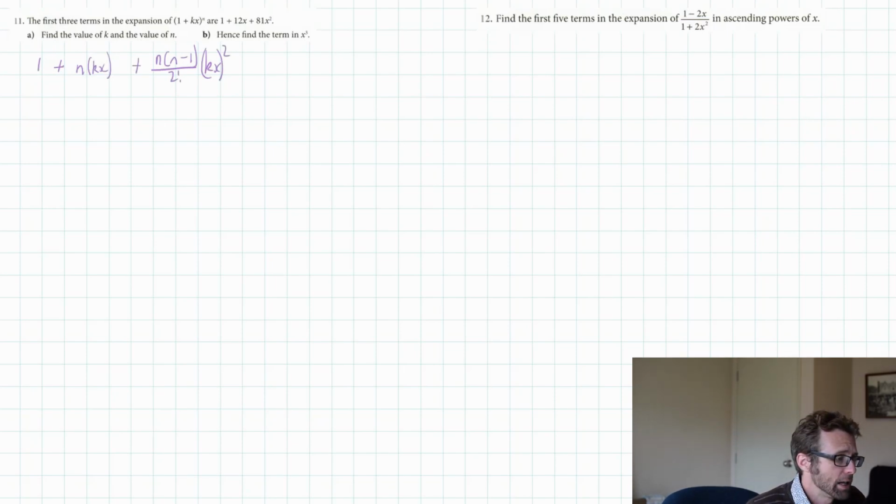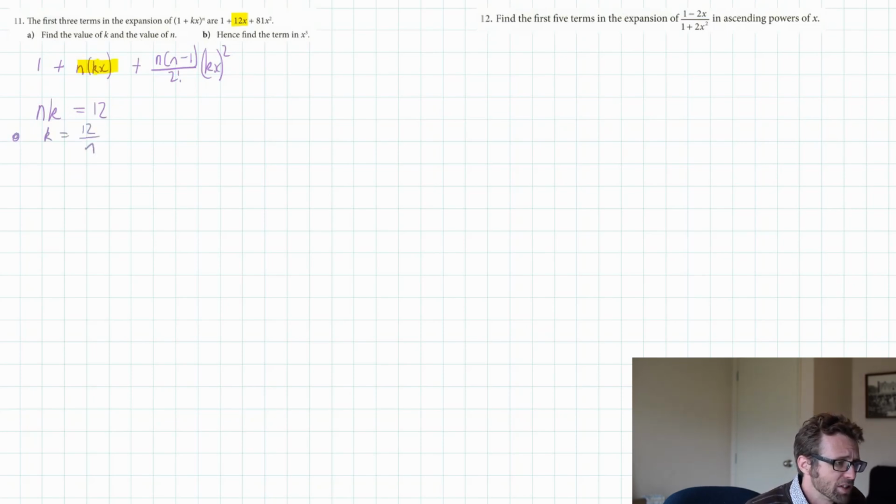We know that nk equals 12. And the reason for that is this here. It's the same term. We could rearrange it slightly. We could say k is equal to 12 over n, okay? So that's my first equation.